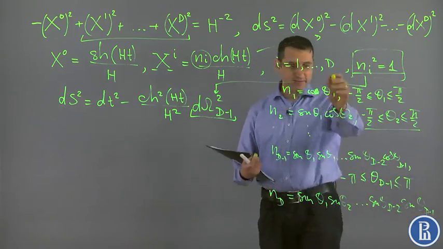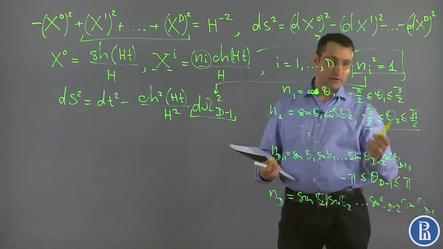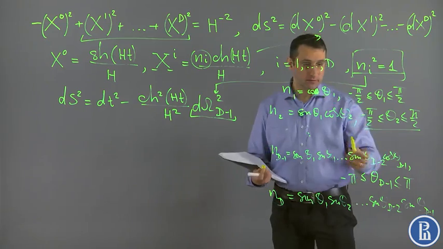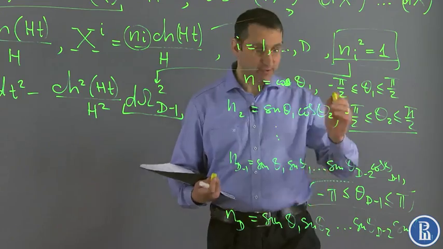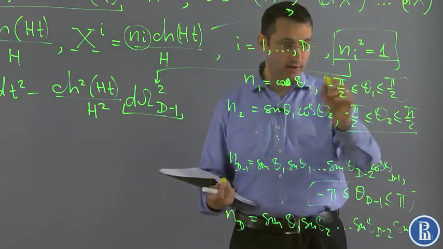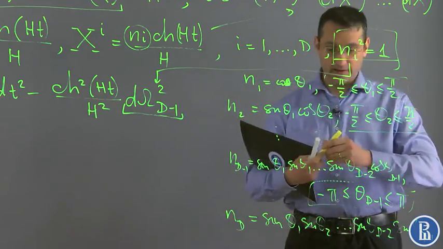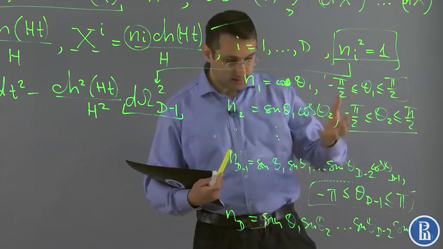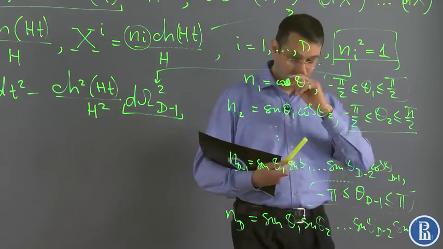The situation is very similar to the case of the two-dimensional sphere. Remember, there are two angles, phi, which ranges in one range, and theta, which ranges in another. This is how we cover the two-dimensional sphere only once, and that is exactly the same situation we encounter here.